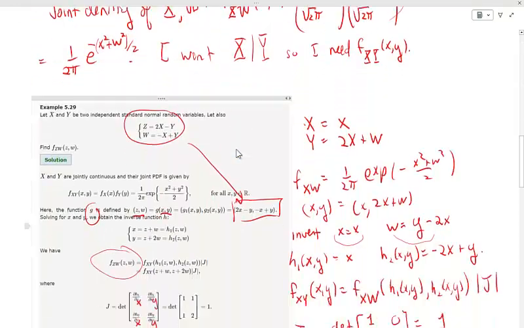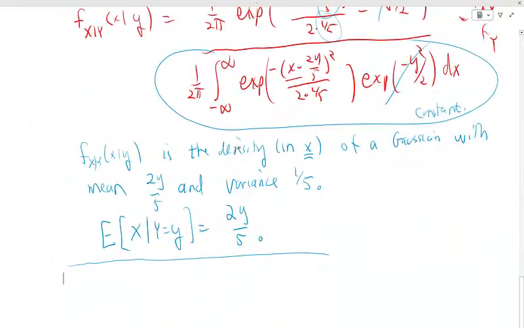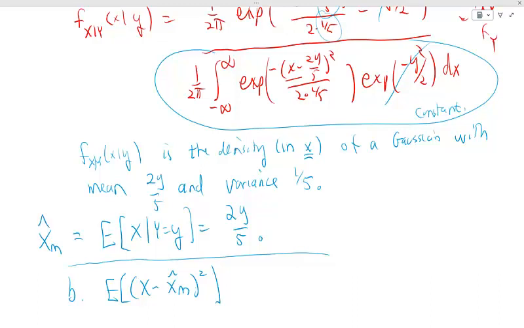So for B, I want the expected value of x minus xm squared. And again, this is what xm is. That's just equal to the variance of this distribution.